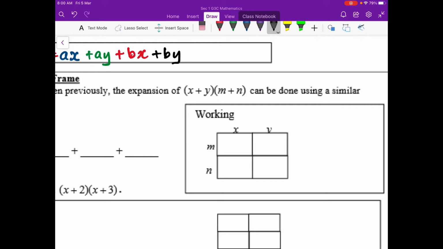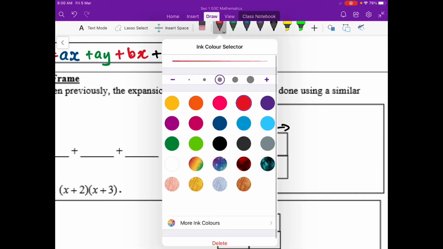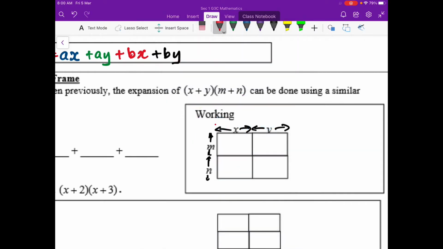So this refers to the distance over here, as well as distance. To do this question, which is written as X plus Y on top, and over here this is your M plus N, we are actually trying to multiply them together.